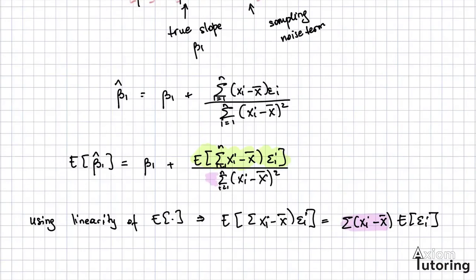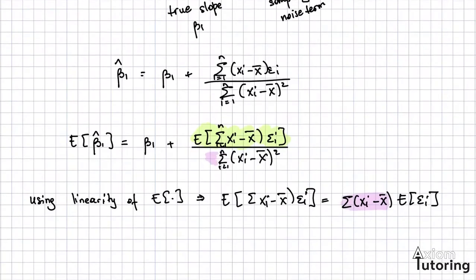So what happens? In this particular case, we can apply the zero conditional mean assumption. At the same time, we also have from assumption 4 that this should be equal to 0.